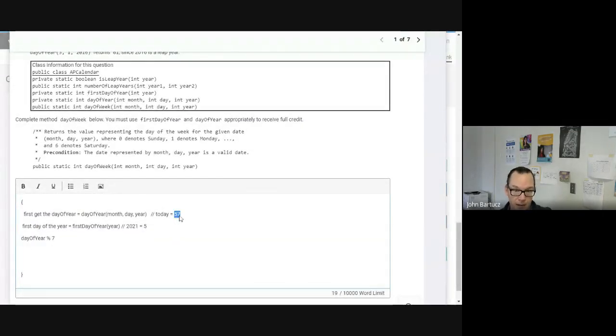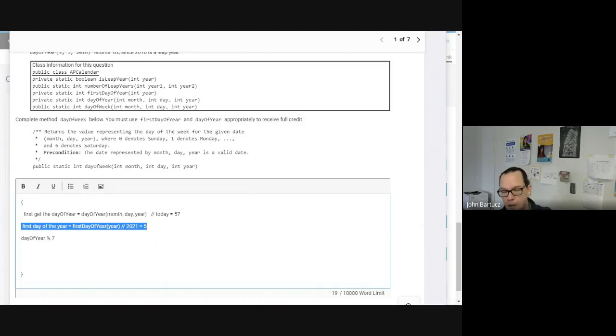57 today divided by 7 gives you a remainder of 1, because it's the same day of the week as January 1st. So any day of the year here that gives you a remainder of 1 is the same day as the first day of the year.